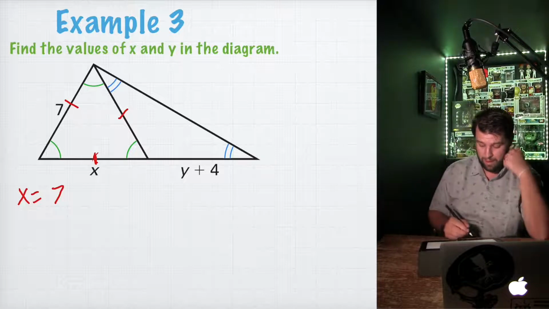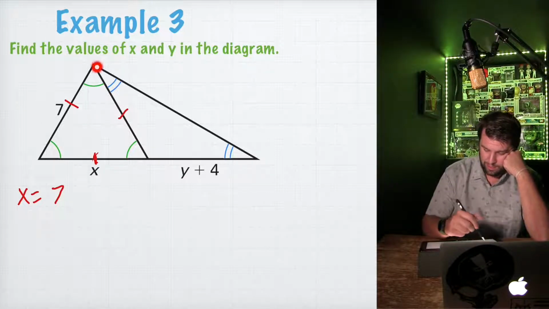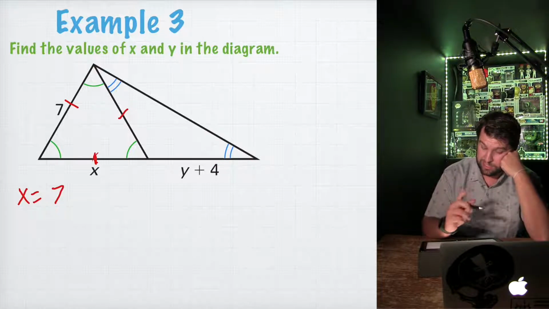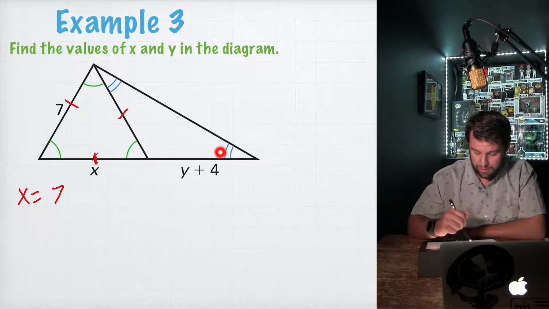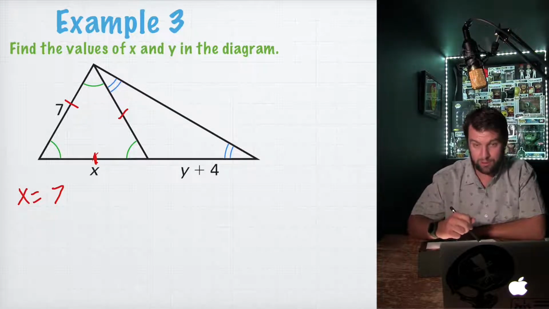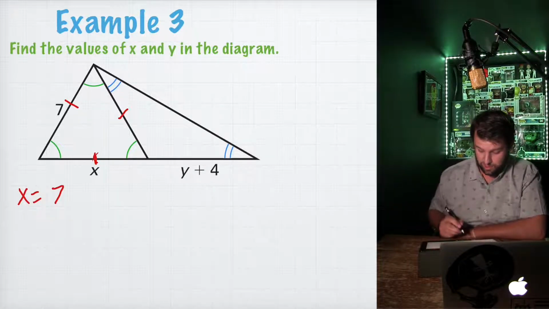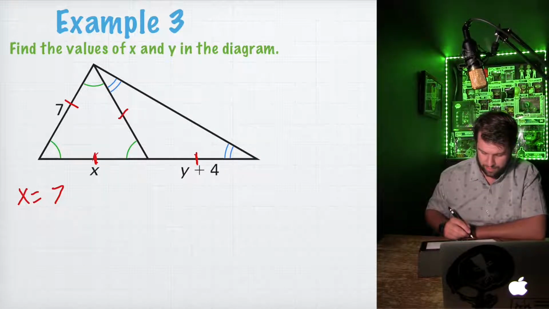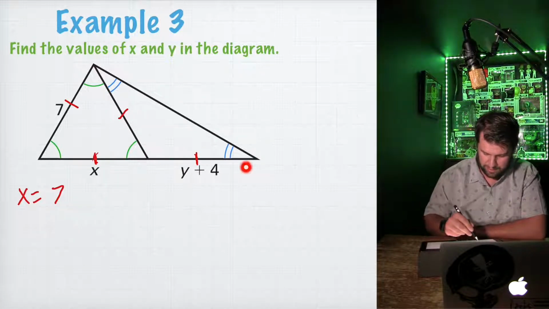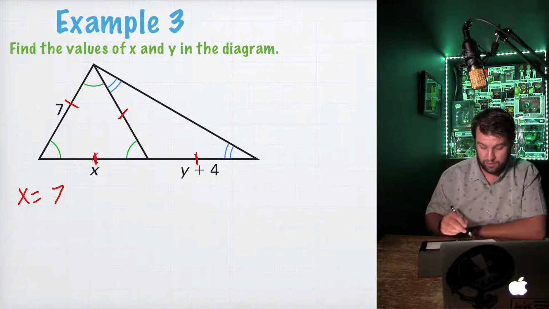Okay. To solve for Y, we're going to take a look at this triangle, which does not show that it's equiangular, but it does show that the two base angles are congruent, meaning it's an isosceles triangle. And isosceles legs are congruent. So we know that this line and this line are congruent.